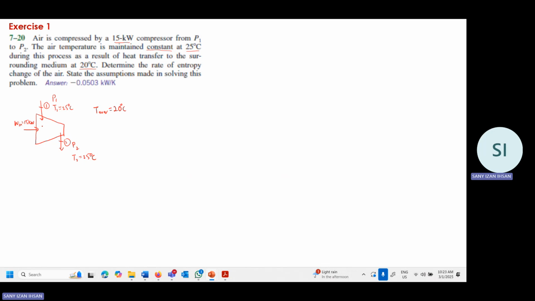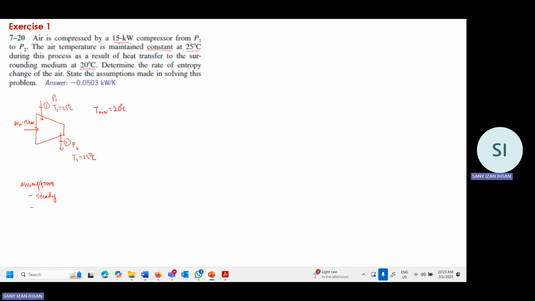State the assumption made in solving this problem. Let's identify some assumptions so that we can simplify the problem. First, we assume steady, so there is no change in terms of the energy balance, no change of energy in the system.